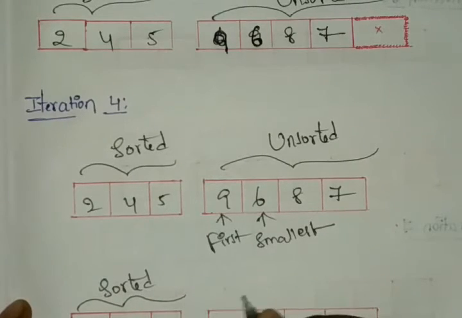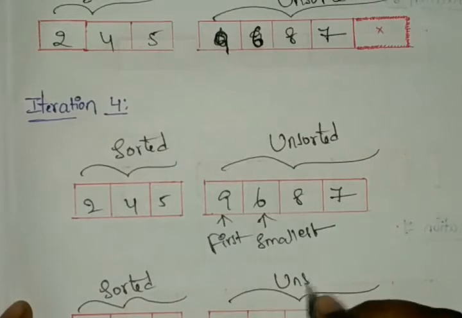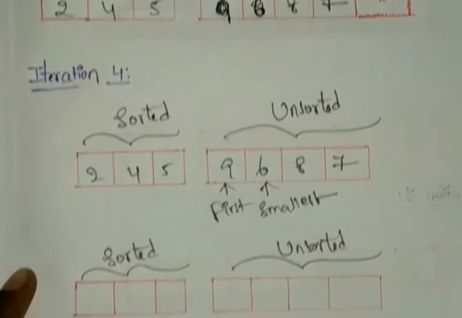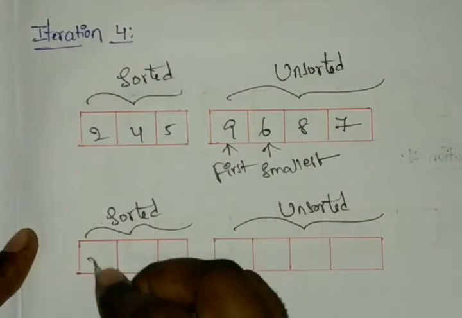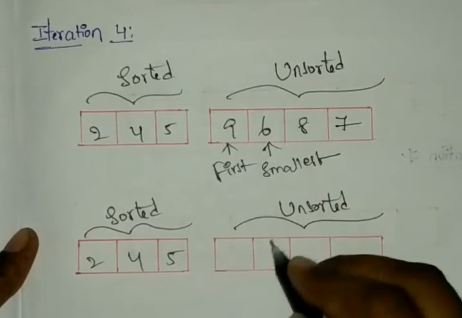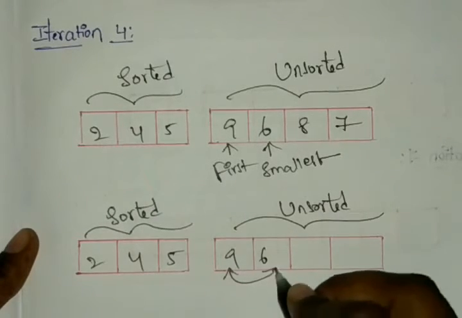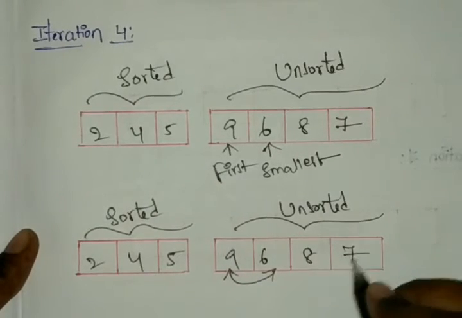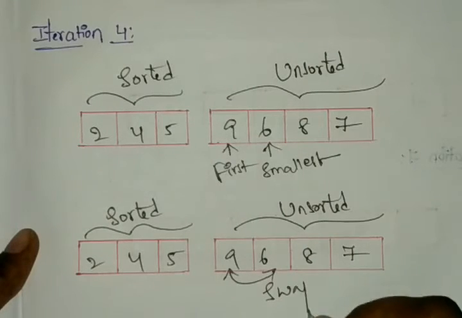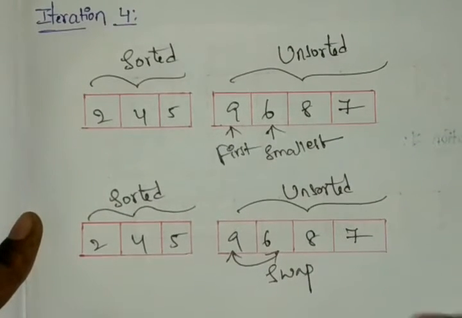Always here you have to write the sorted and the unsorted list format for this. 2, 4, 5. Now here you need to swap these two. 9 will come here and the 6 will come here. Just do the swap for this.